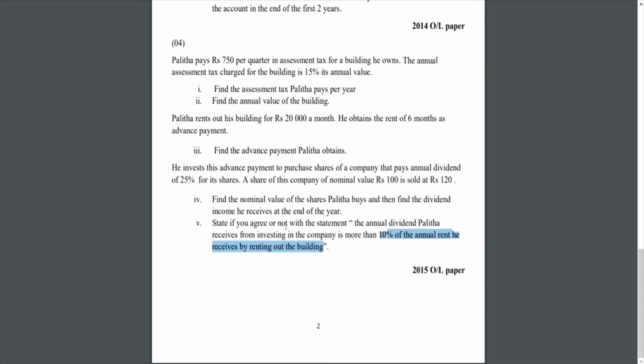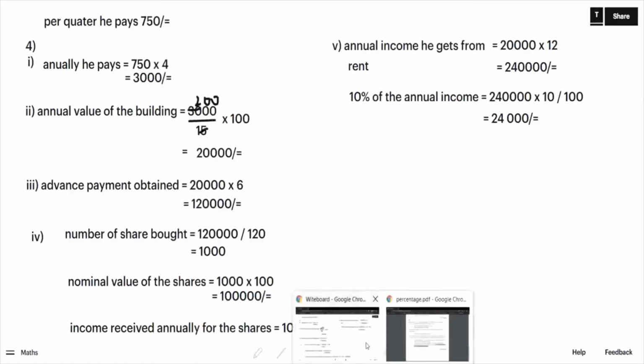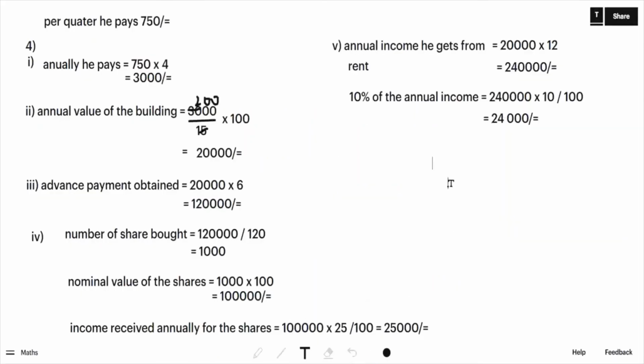Yes, we should agree with the statement, because they are asking whether 25,000 is greater than 24,000. Yes, we agree. That's how you do the fifth part.